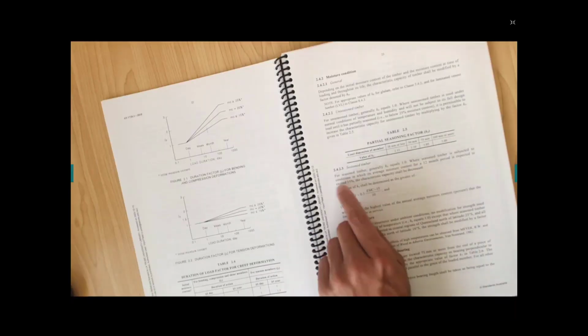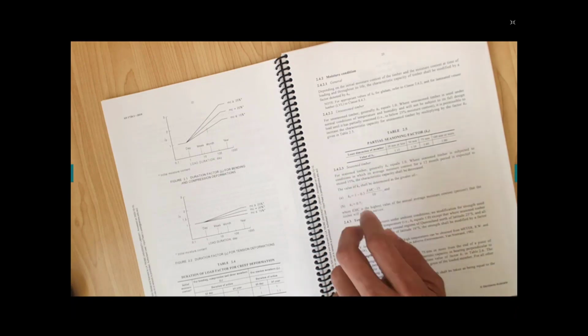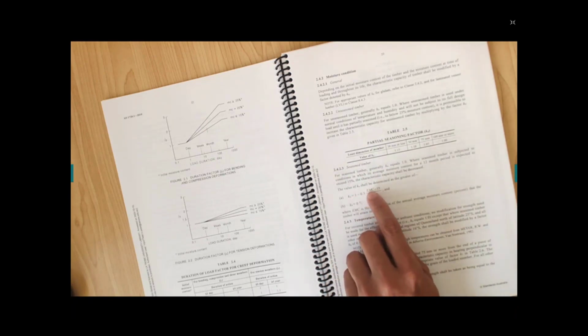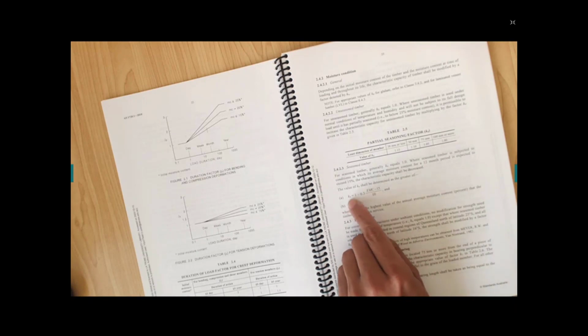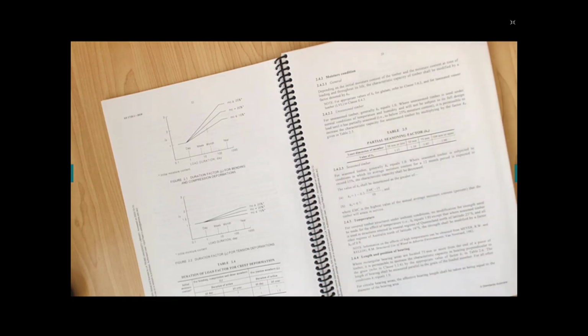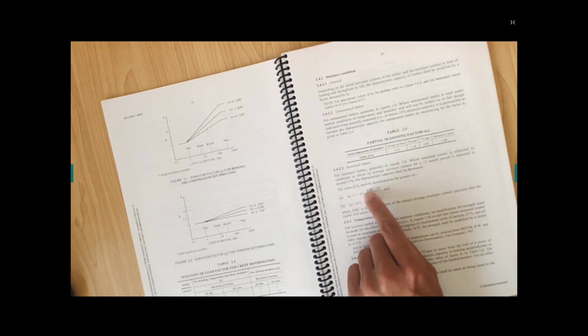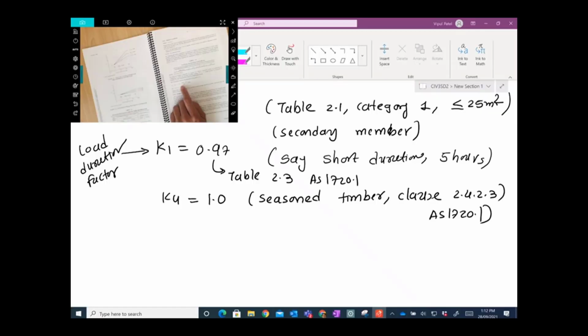Here, seasoned timber: generally K4 equals 1. If your suppliers give you the equilibrium moisture content, then you can calculate the K4 value using 1 minus 0.3. The suppliers will tell you how much moisture is present in your timber, then you can quickly substitute a value here and calculate the K4 value. Otherwise K4 equals 1.